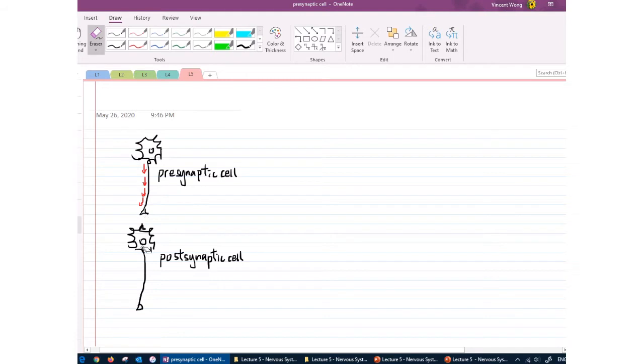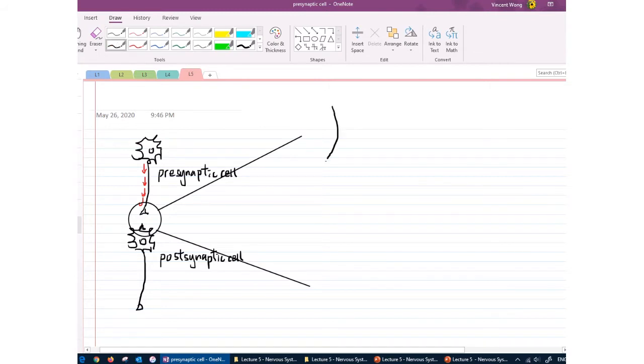Now the two neurons are not in physical contact. Okay, they just come really close to each other. And if I were to zoom in to this region where they are really close together, then I can draw a bigger picture.